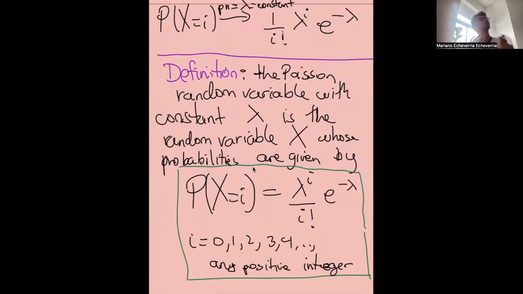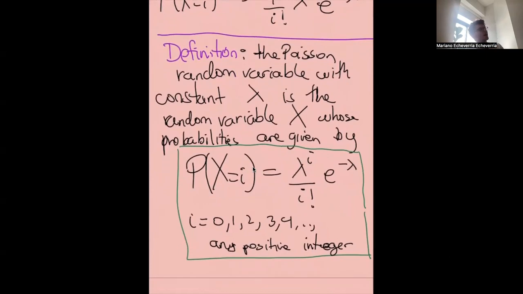Let me stop first here to see if there are any questions up to this point. In this problem, does i represent like the number of successes? Yeah, it would still be kind of like the number of successes.